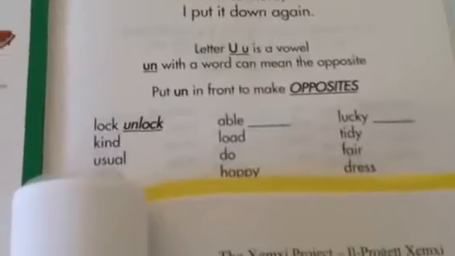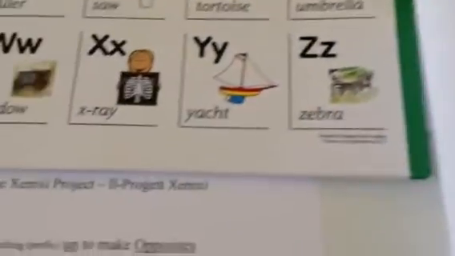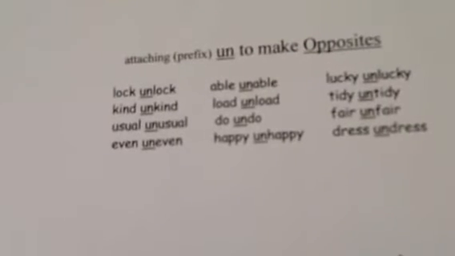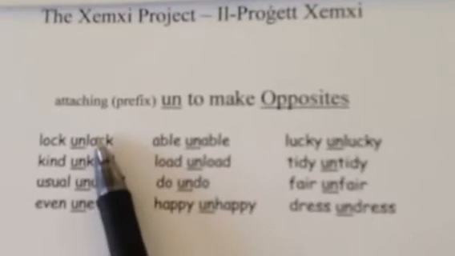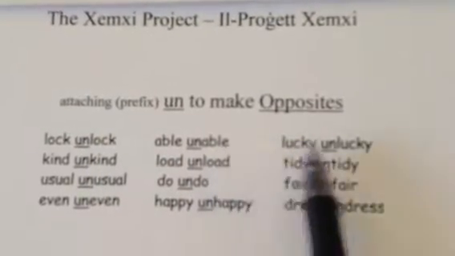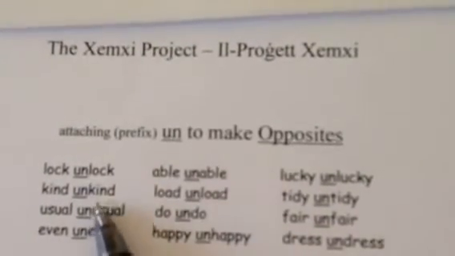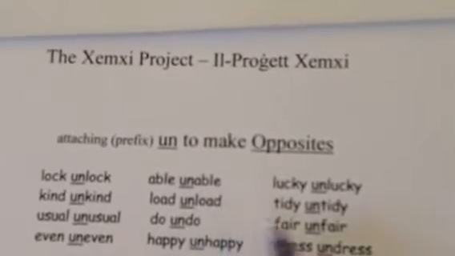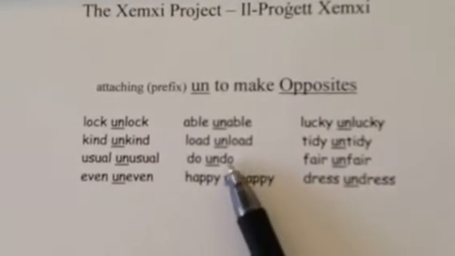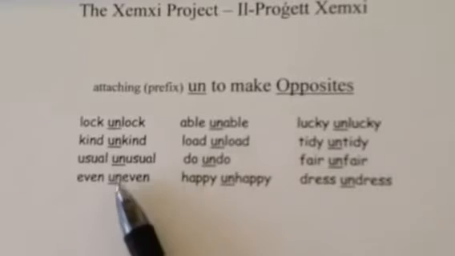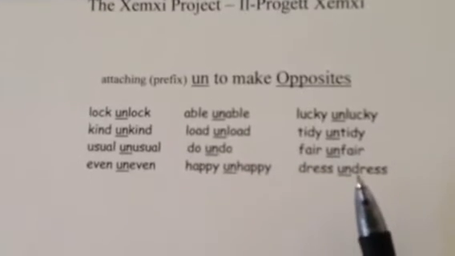So, as I've said, we're going to put them into opposites by prefixing the letters U and N. So we'll get the words unlock, unable, unlucky, unkind, unload, untidy, unusual, undo, unfair, uneven, unhappy, and undress.